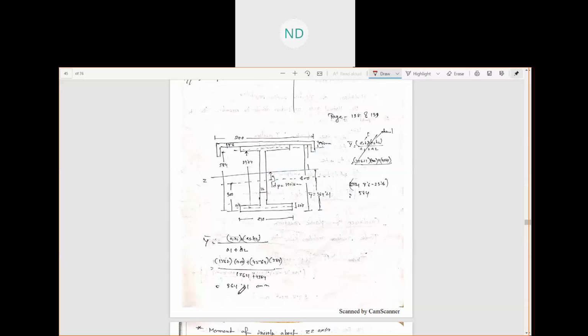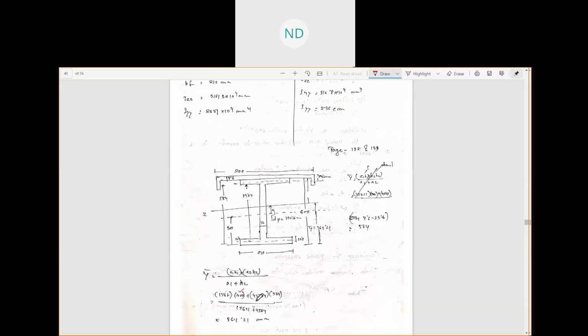This is 300 here, and then this is the area A2. And what is our H2? H2 is the CG of this channel section from the bottom. So from the bottom, it will be this total 600, plus the thickness 7.6 of the web, minus the CG of the channel section.